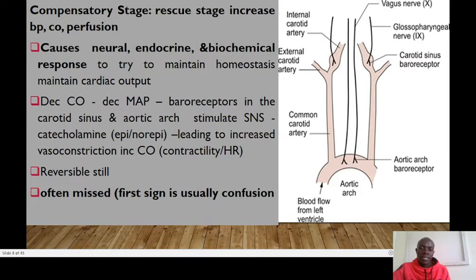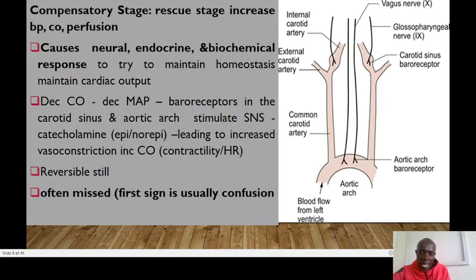When this happens, the baroreceptors, which are found in two places, the carotid sinus and the aortic arch, will be stimulated, and that will lead to stimulation of the CNS. The sympathetic nervous stimulation results in release of catecholamines, epinephrine and norepinephrine.